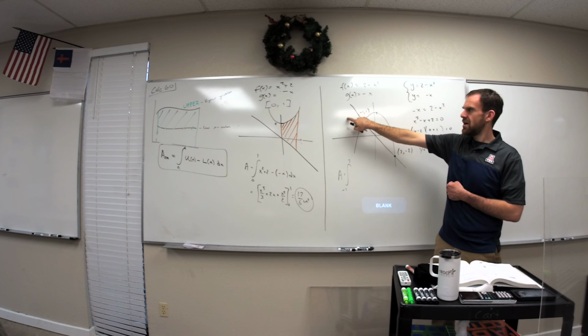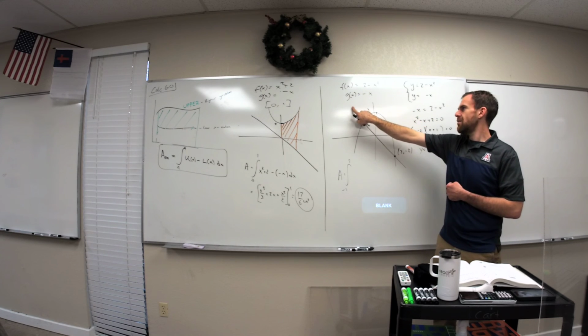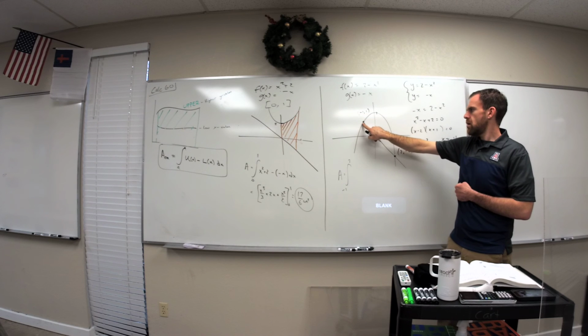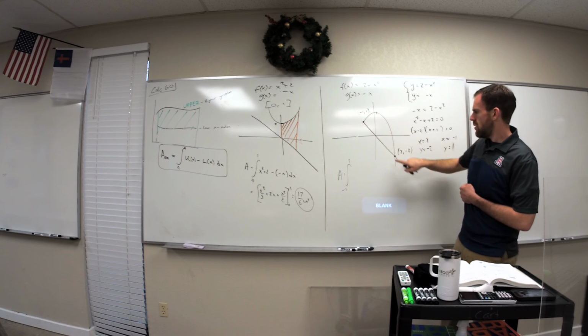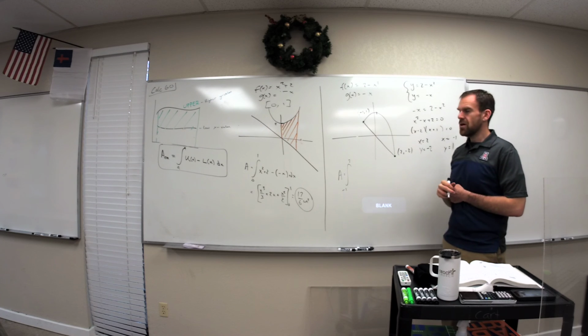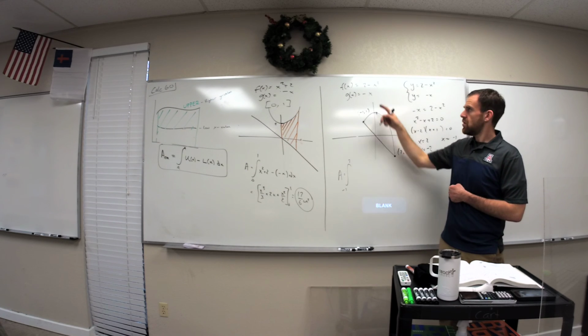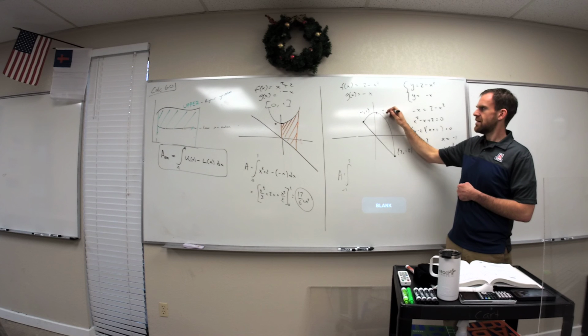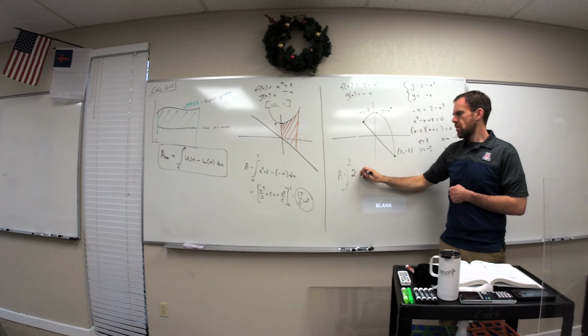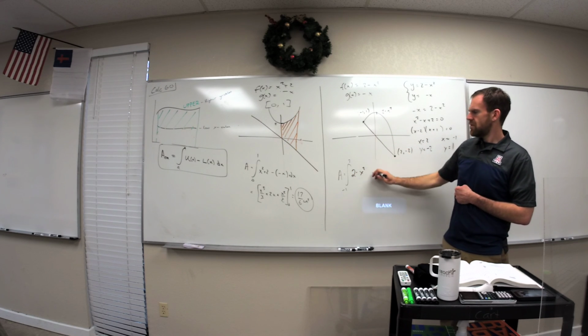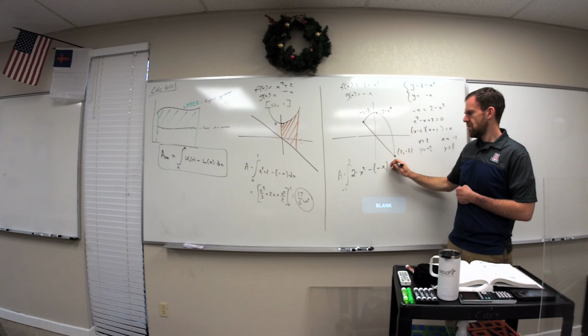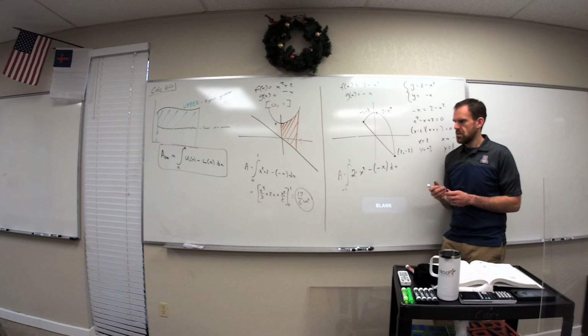But am I talking about over here? No, I don't even care about that. And I don't care over here. So what's the upper curve? 2 minus x squared. Okay. What's my lower curve? Negative x. And you solve.